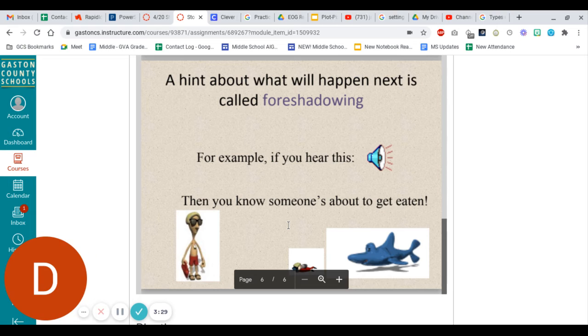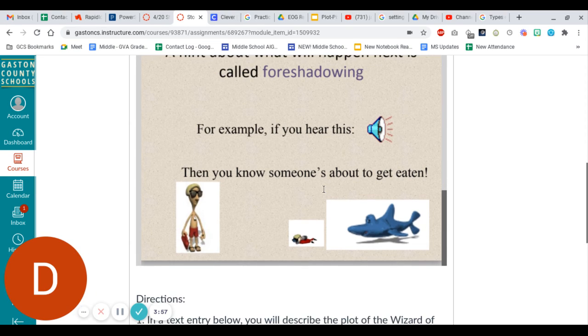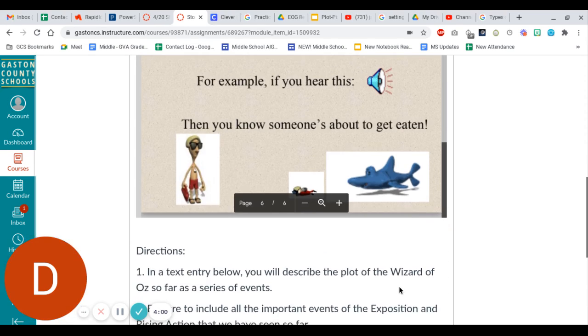If you, the author, or in a movie, you start hearing sounds like da-dum, da-dum, da-dum, dun, dun, dun, dun. Those are the sounds from the movie Jaws. That means something, the shark is about to attack. Something bad is going to happen. They're deep, gloomy sounds. Those are all part of foreshadowing in the plot that the author uses to tell you about what's going to happen next. So pay attention to those as you're reading.